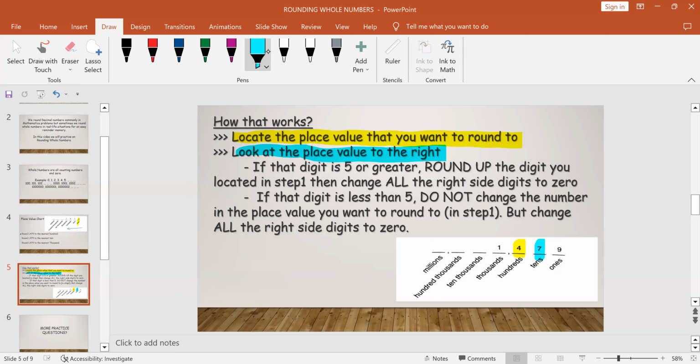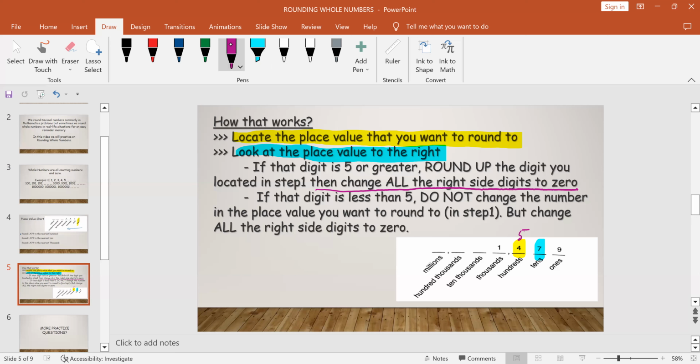So what I will do here, we're gonna round up the 4. So the 4 will change to 5. Let's write it here, 5. And they say, then change all the right side digit to 0.